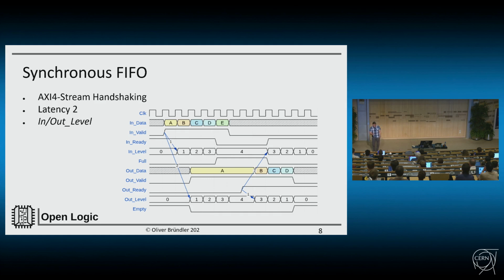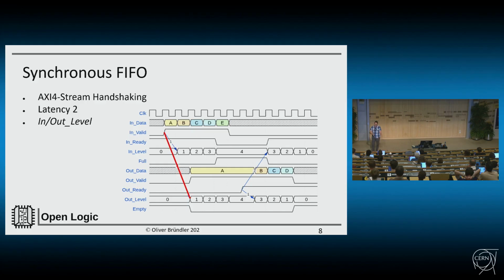What I want to talk about for the synchronous FIFO, because I got questions and I want to explain it, is how the levels work. The FIFO has a certain latency, right? And you have an input and an output level. They are thought of in the way that the input level reflects what you write in. If you write a word, in the next clock cycle the input level increases.